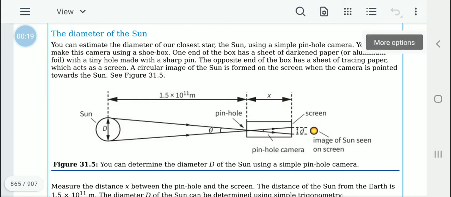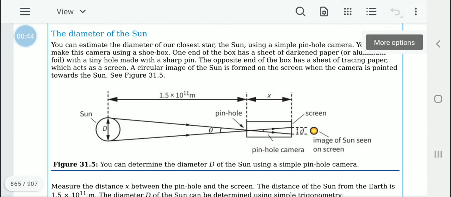The sun, of course, we can figure out its diameter by using a very simple pinhole camera. However, for other stars and celestial objects, we can't easily figure out the diameter because they don't appear as disks up in the sky.